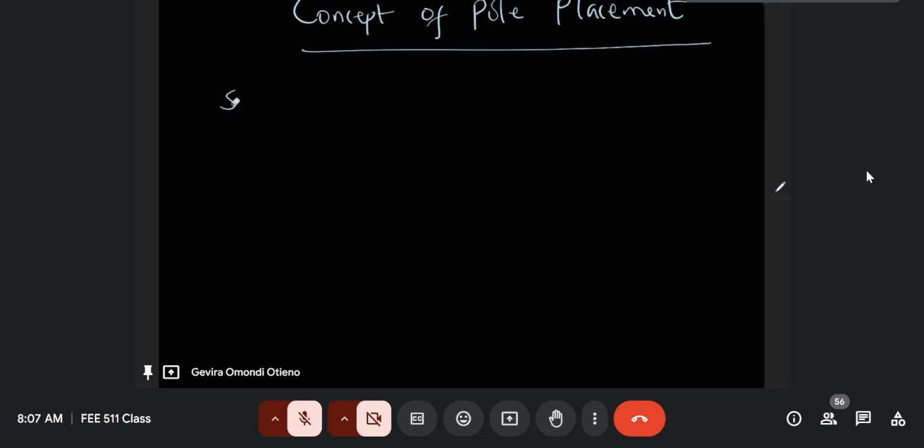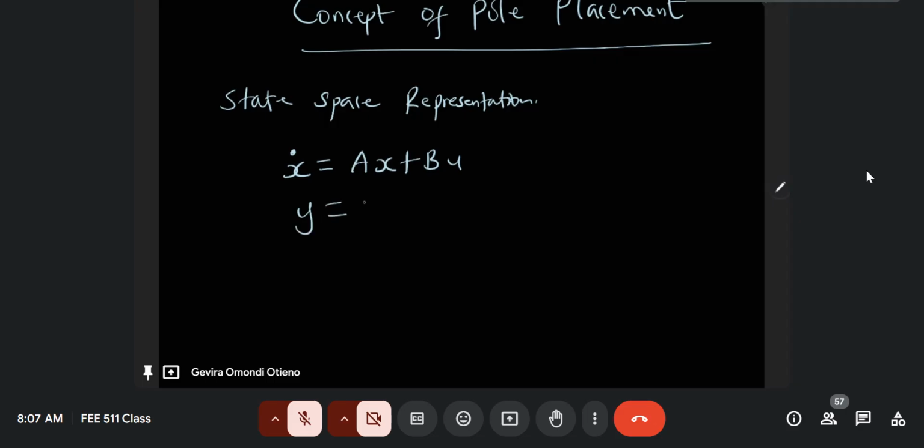Just to remind you, and please consider this also as a revision, for those who have forgotten the main equations that represent state space, we have 2 main equations. 1, we consider x dot equals Ax plus Bu, and the output y equals Cx plus Du.